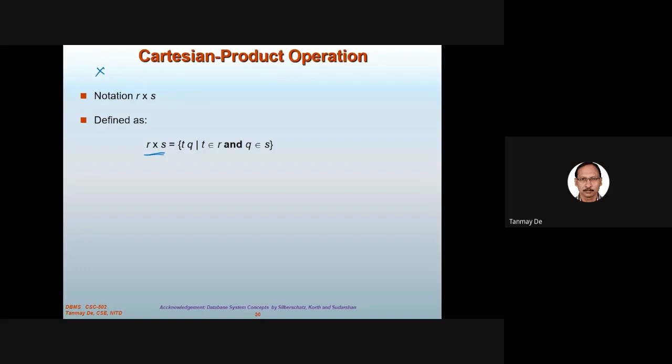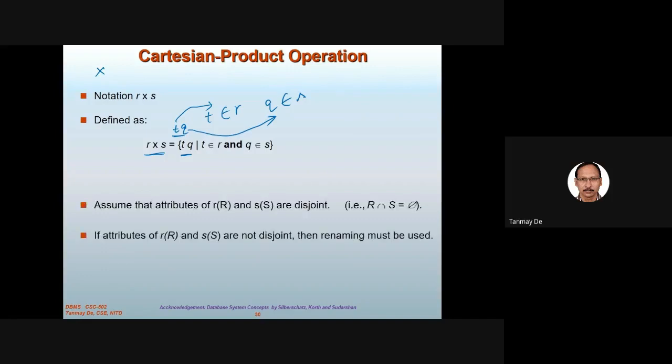This results in a tuple T from relation R and a tuple Q from relation S. That is, it results in T followed by Q, that is T and Q together, where T comes from relation R and Q comes from relation S. Here we assume that the attributes of the relation schemas R and S are disjoint.